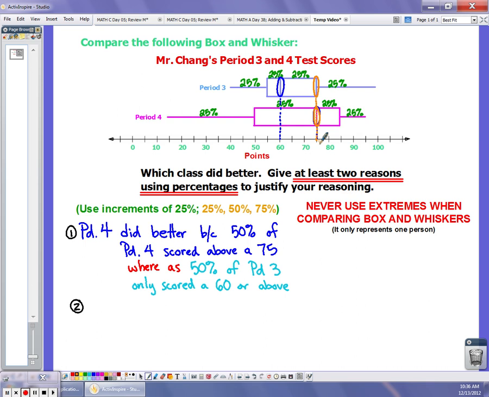So let's write that down. I'm going to write down period 4 in this particular case did better. Because, and again, here's my reason, the same as the first one: 50% of period 4 scored above a 75.